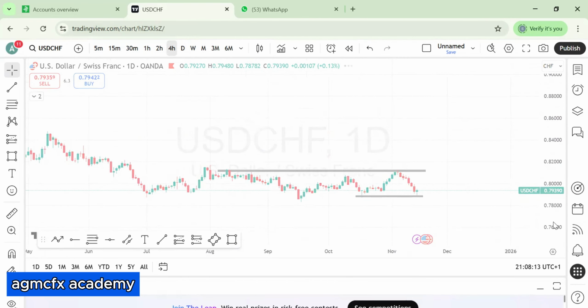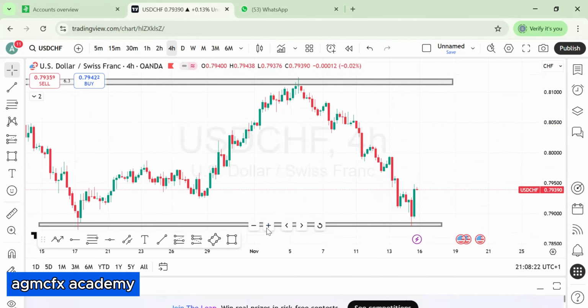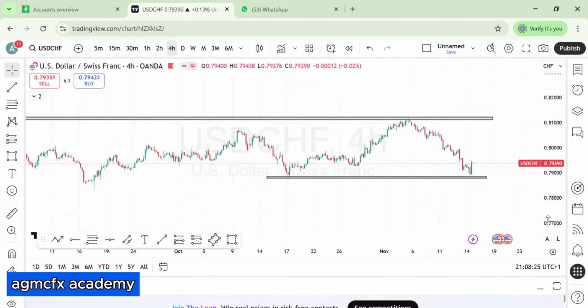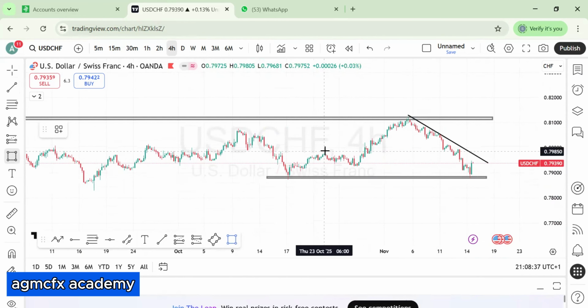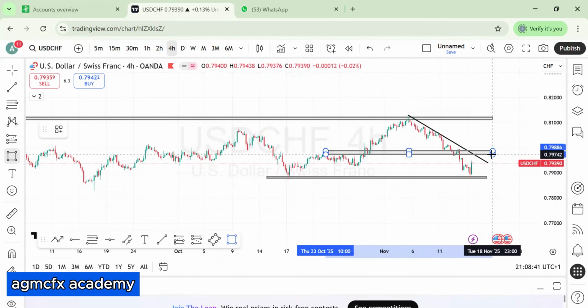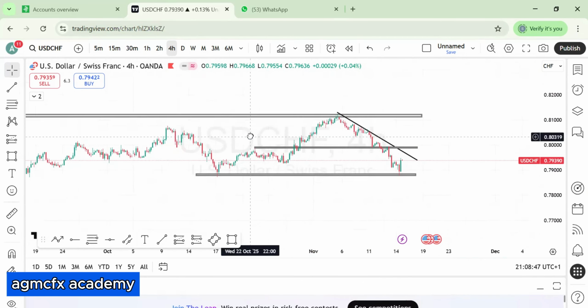But let's look at what is going to happen and an opportunity we can use on the daily, on the 4 hours time frame. So this market still maintains a downtrend. Can you see this is a trend? So we will not have a clear route until we have a breakout on this level before we can look for a buy opportunity.